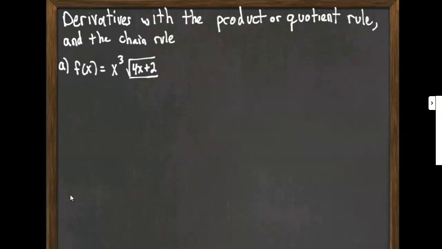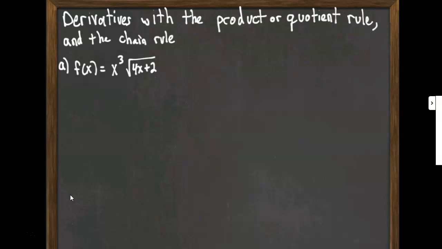If 4x plus 2 is negative, then the radical won't be defined, and the whole function won't be defined. So 4x plus 2 has to be greater than or equal to 0. If you solve that inequality, you get x greater than or equal to negative 1/2. The only x values we're allowed to put in are values greater than or equal to negative 1/2. So that's the domain right here.